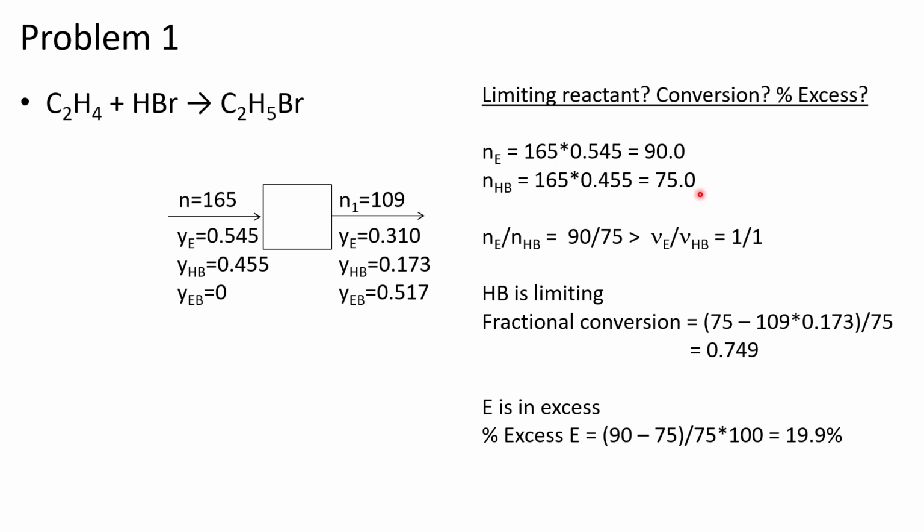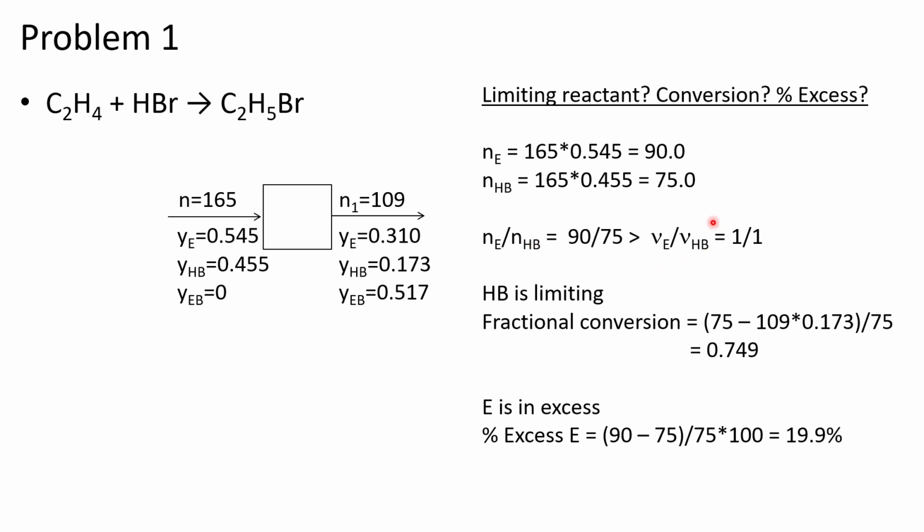That gives us 75. From the balanced chemical reaction, we compare the ratio of the ethylene flow to the hydrogen bromide flow with the ratio of the stoichiometric coefficients for those species, and we can determine which is the limiting reactant. The ratio of flows for ethylene to hydrogen bromide coming in is 90 to 75.